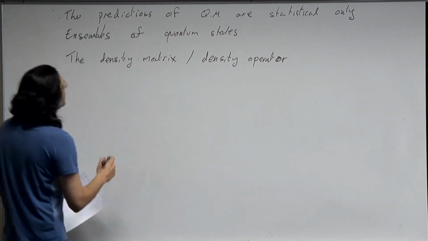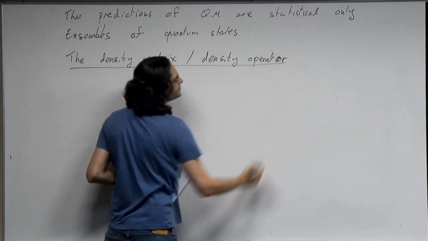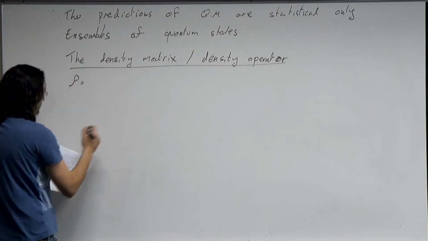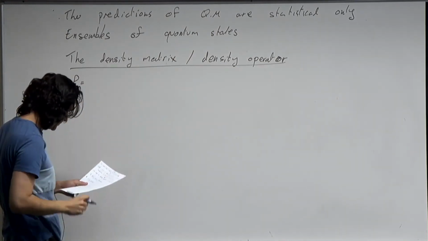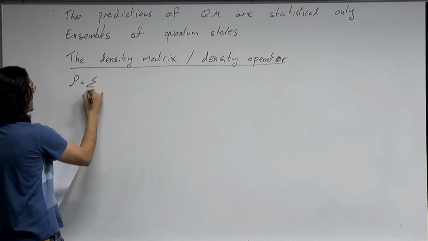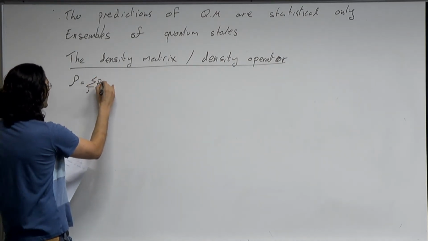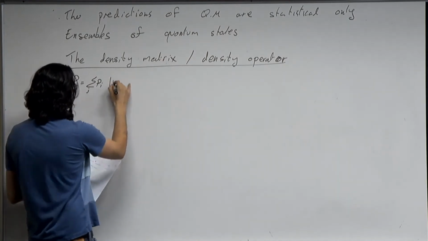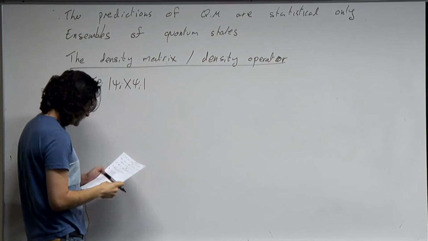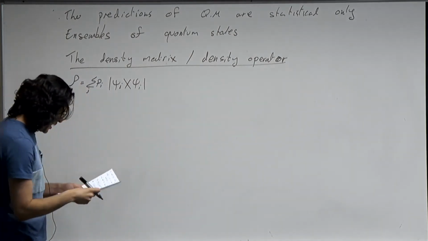So, density matrix. Rho is defined as the sum over i of p_i |psi_i><psi_i|.